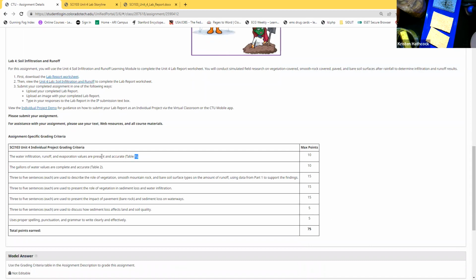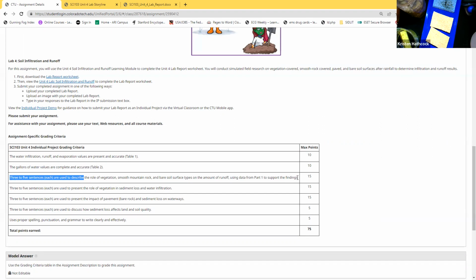It's basically graded on understanding the water evaporation, runoff, and infiltration. Did you get the percentages correct? Then when you calculated it, did you get the gallons correct based on your multiplication? And when you're doing your descriptions, are you using 3 to 5 sentences to answer all of those questions about data?